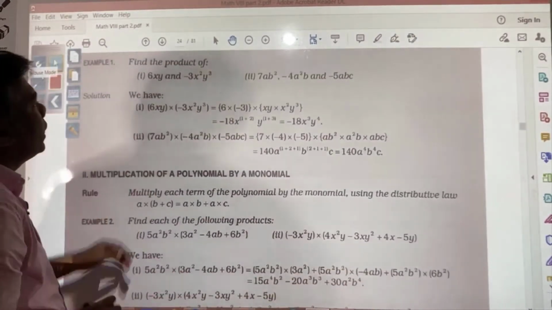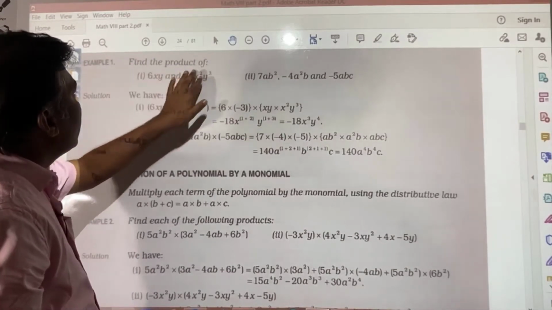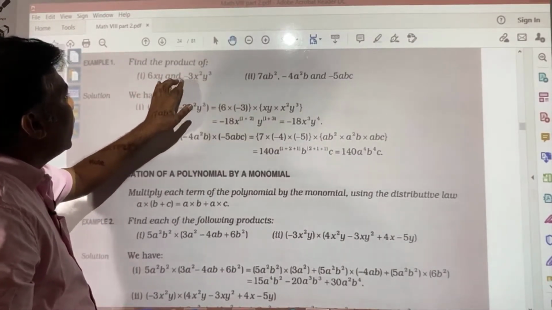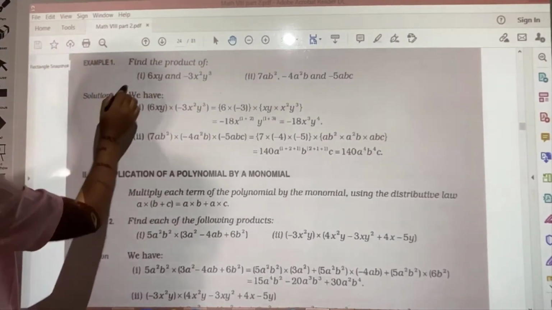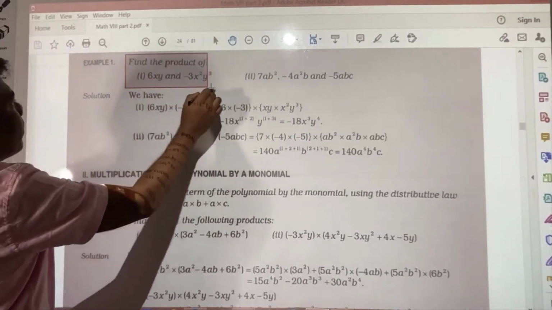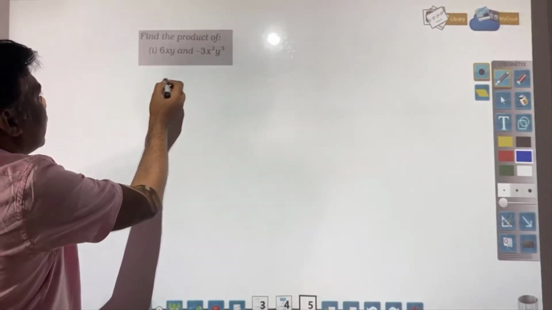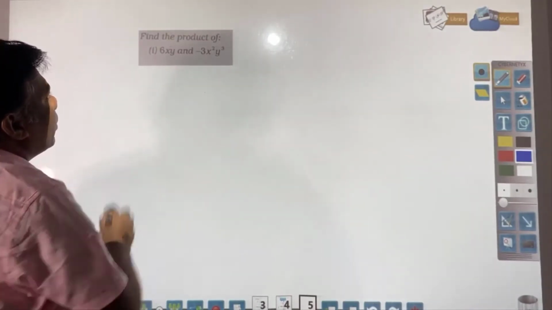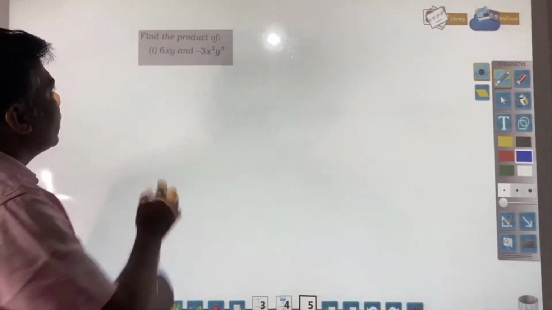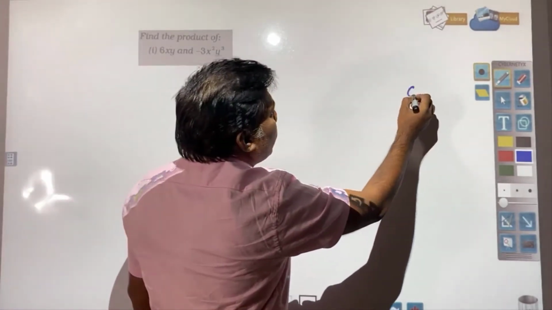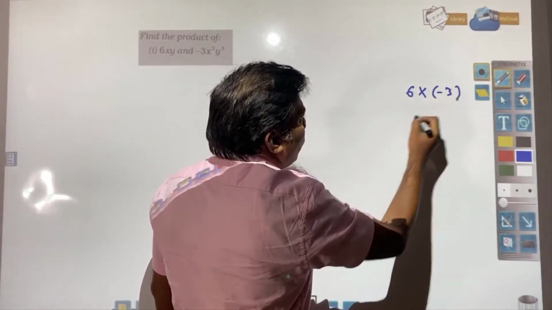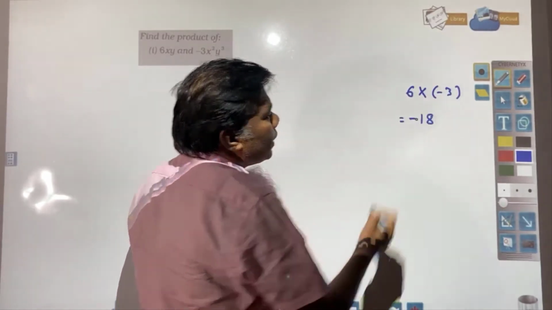Here you see, an example has been given. Find the product of 6xy and minus 3x square y cube. So first you multiply the constant terms. 6 into minus 3 will be minus 18.